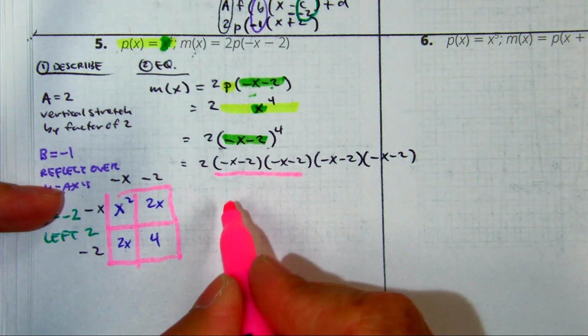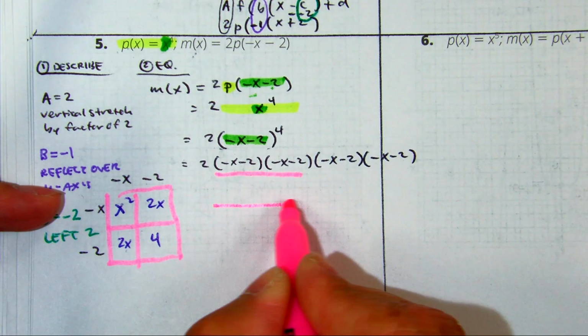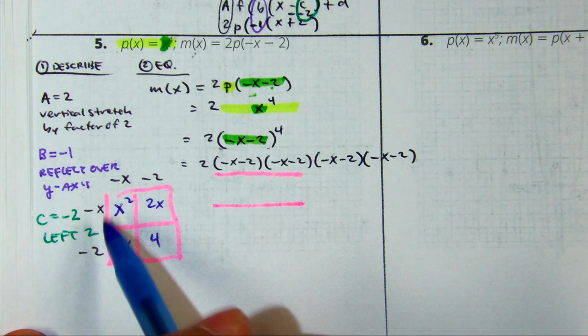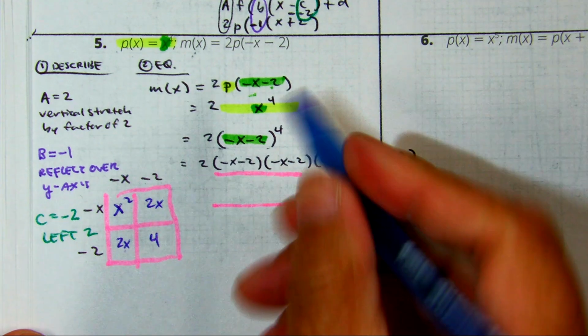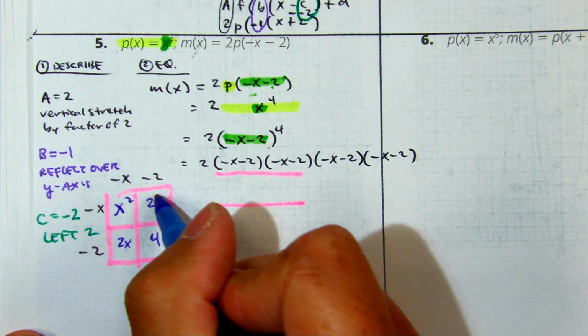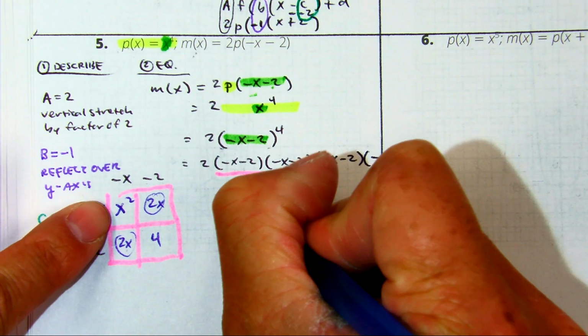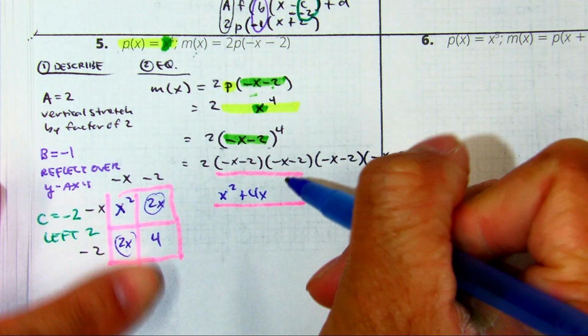Now in pink, we're going to add. So first we multiply, now we're going to add. Which ones can we add? So now I have what? X squared, 4x, plus 4.